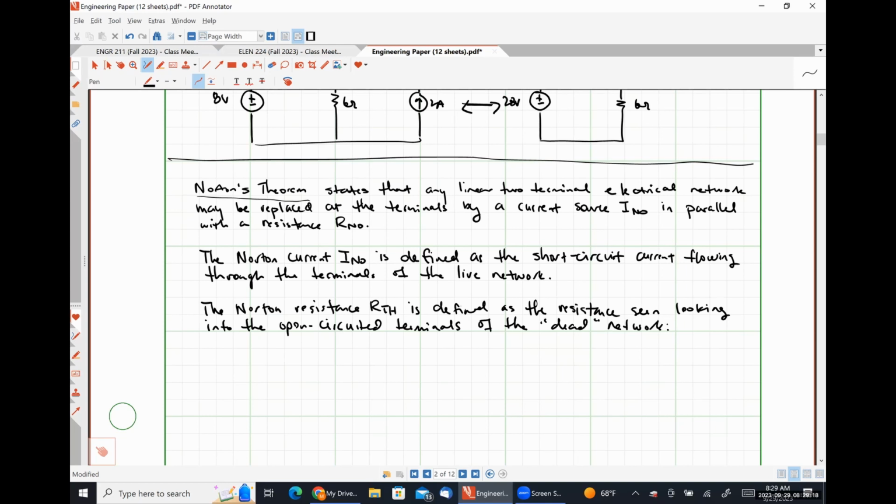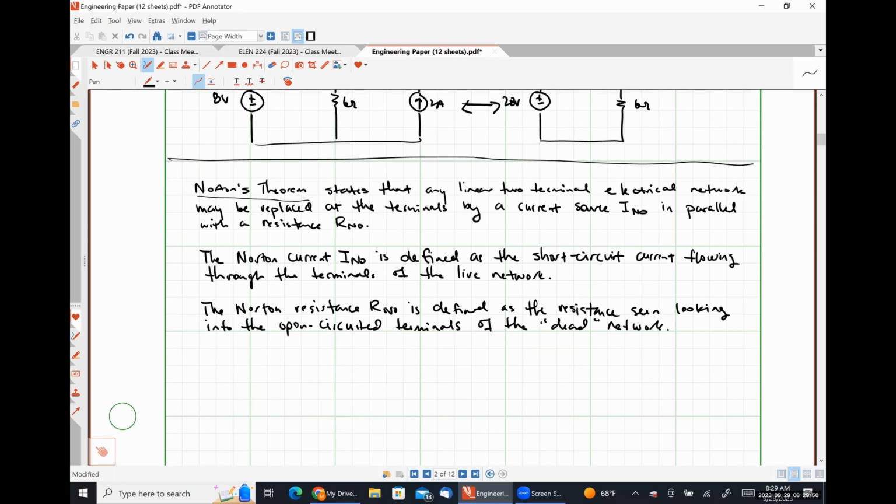So oops, I didn't even write it correctly here. R Norton. So one thing that we can see is that the Norton resistance and the Thevenin resistance are defined in literally the exact same way. The process for finding the Norton resistance is identical to the process for finding the Thevenin resistance. In fact, after right now, I will never call it a Norton resistance again. I will only refer to it as a Thevenin resistance.